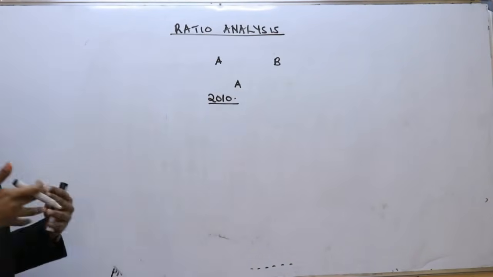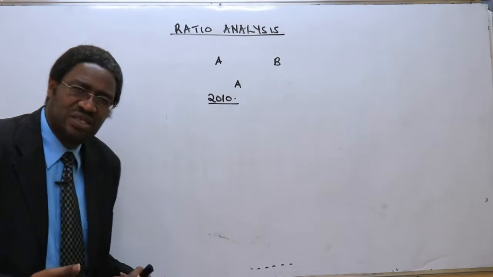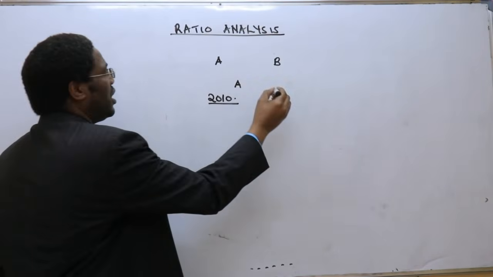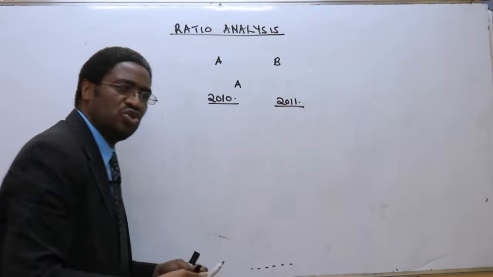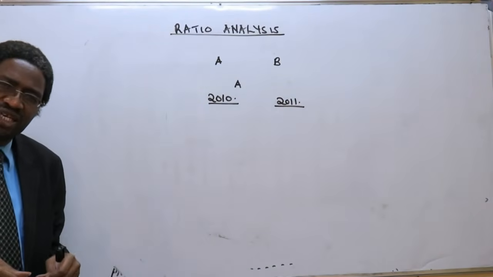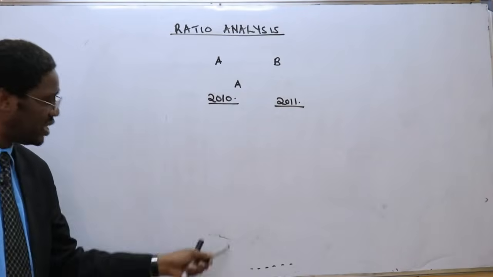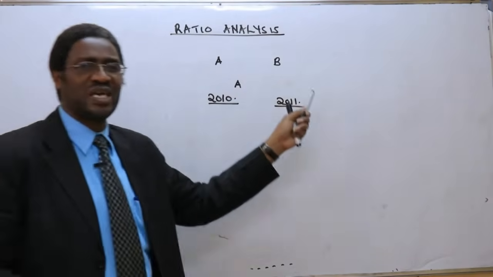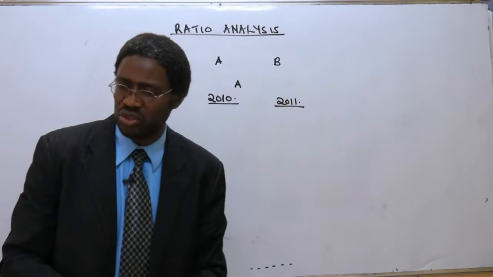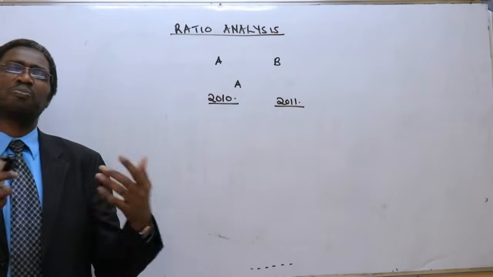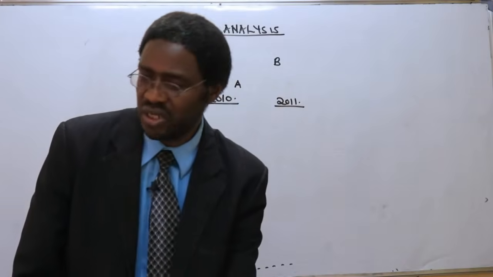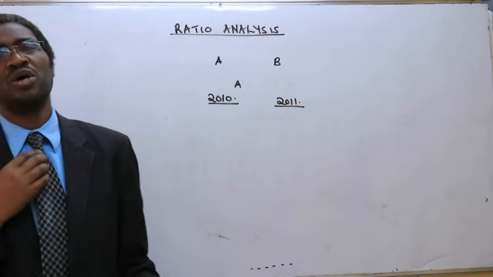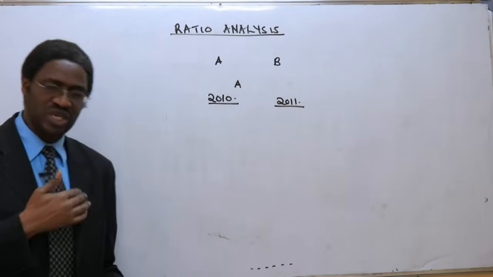Did we do better in 2010 or in 2011? You calculate the ratios for the first year, 2010, and the ratios for the second year, and from those ratios you will be able to know how you performed as a company. So that's another reason why as a company, you need ratios.